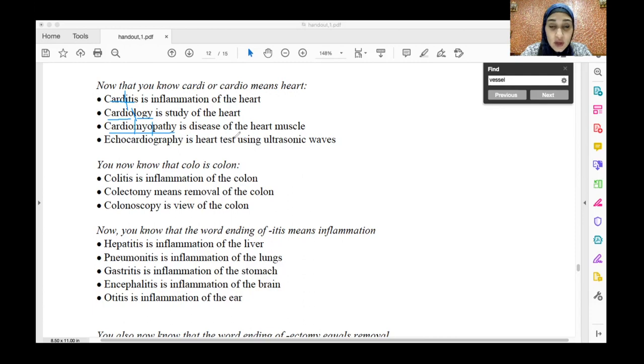So it's the disease of heart muscle. Echocardiography. Here, echo means waves, ultrasonic waves. Cardio means heart, and graphy means picture.